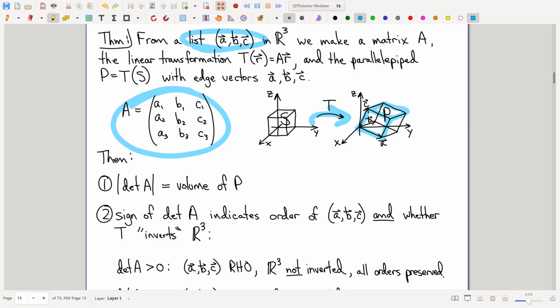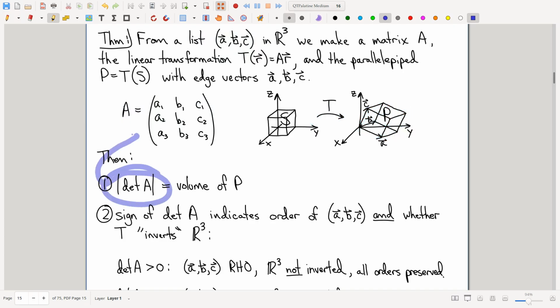But now that we're in 3 dimensions, it's a list of 3 vectors. That gives me a 3x3 matrix. That gives me a parallelepiped. So everything's one dimension up, but morally, kind of the same ideas hold. The determinant of that tells me how big that is.